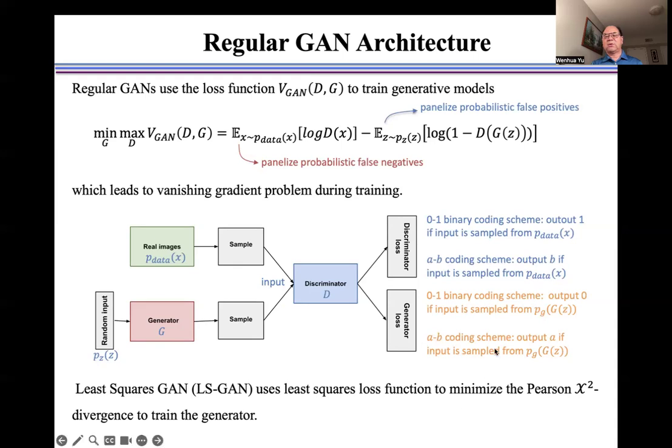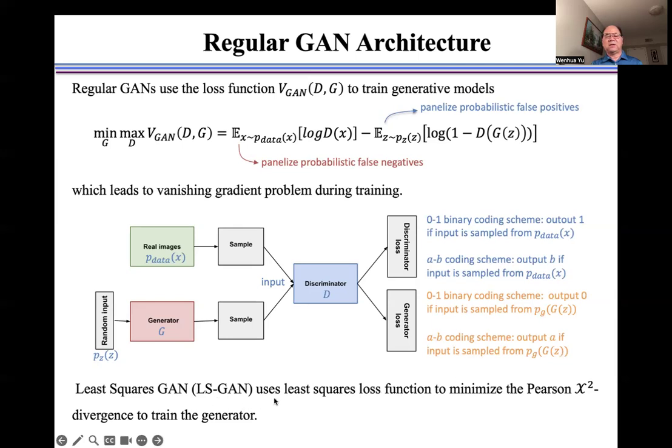For the binary coding scheme, the discriminator outputs 0 if its input is sampled from the model distribution. For the AB coding scheme, the discriminator outputs A if its input is sampled from the model distribution PG.